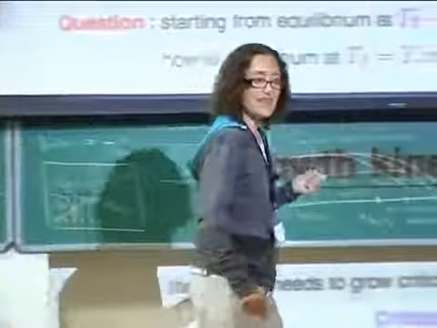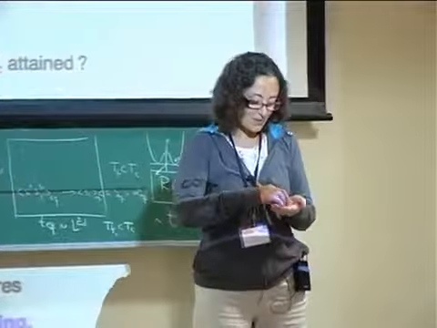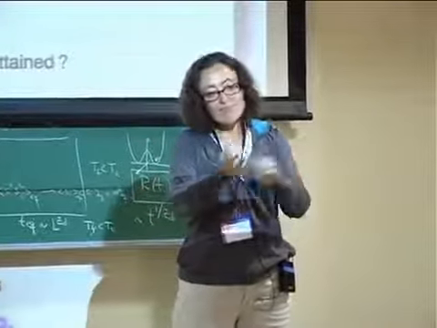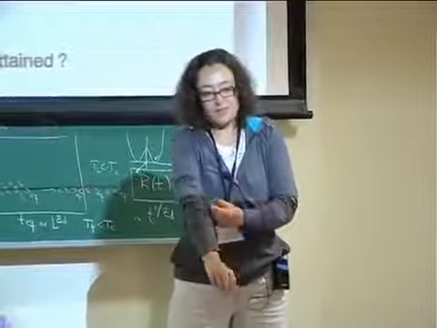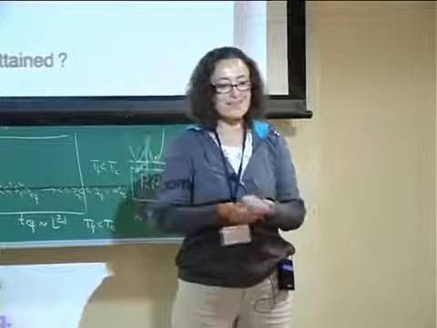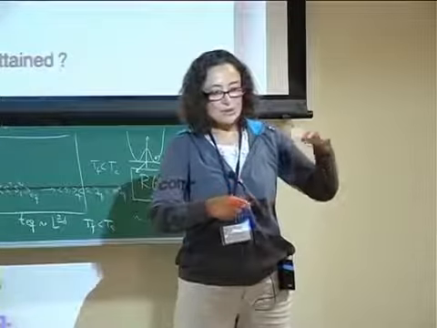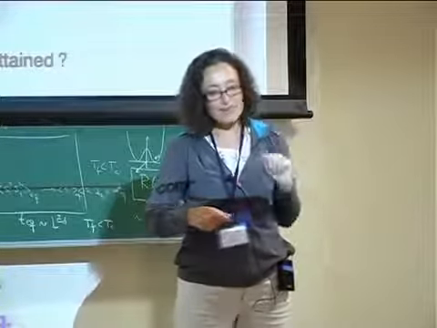This is again misleading. So I don't know how far Jorge went last week, but in many of the mean field models of glasses that we understand very well because we can solve them, what happens is that aging is due to moving on a flat landscape.